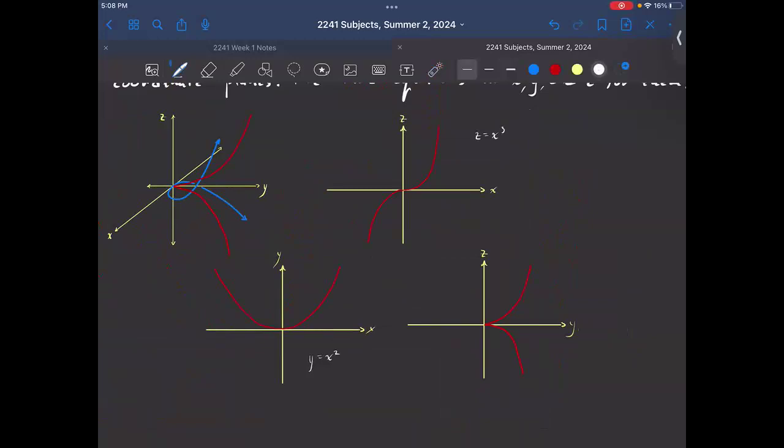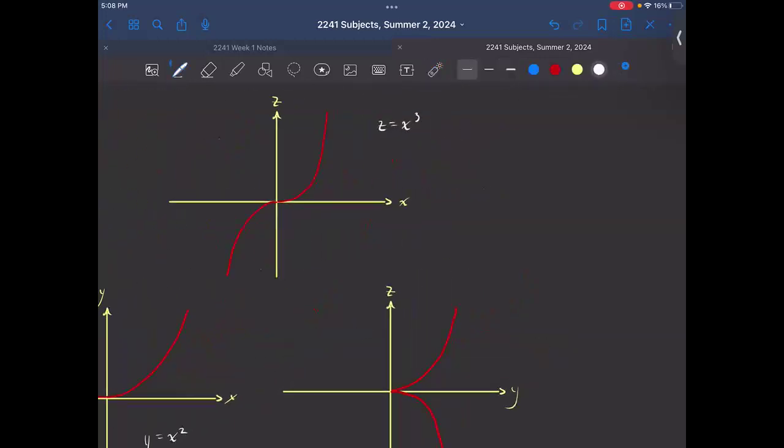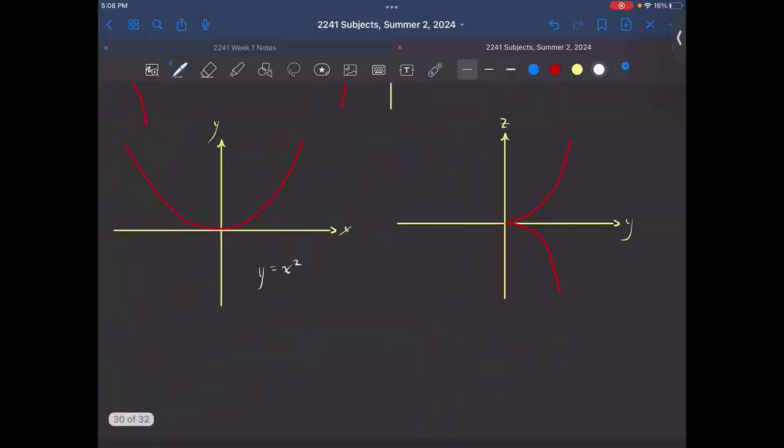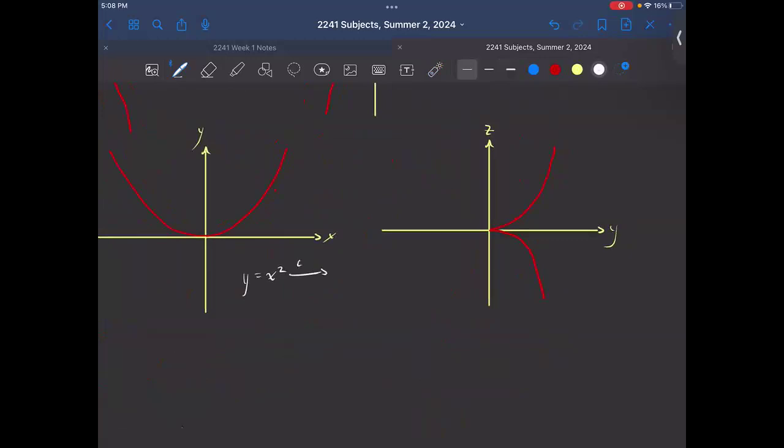Well, that relates y and z, and I have equations with z and x and y and x. I can eliminate x from both of these. Here's an easy way to do that. I can square this to get z squared equals x to the 6th, and I can cube this to get y cubed equals x to the 6th.